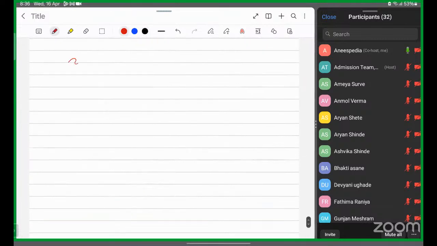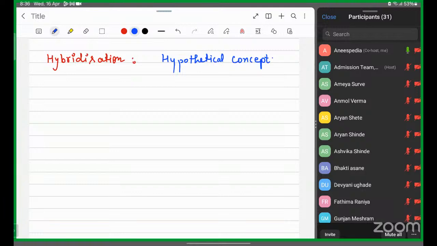Next concept is hybridization. First point, hybridization is a hypothetical concept which is used to explain the structures of the molecule. And to calculate hybridization, second point, hybridization works for an atom.